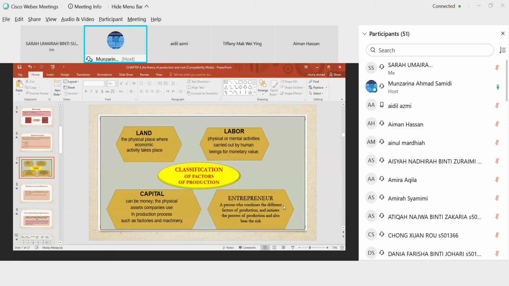There is a classification of factors. Of course, land. Land is real land where you do planting, but it could also be anything that is a natural resource, like water, a river.